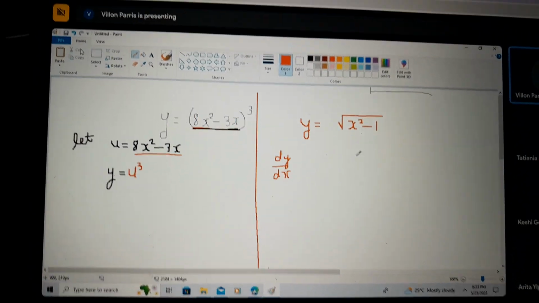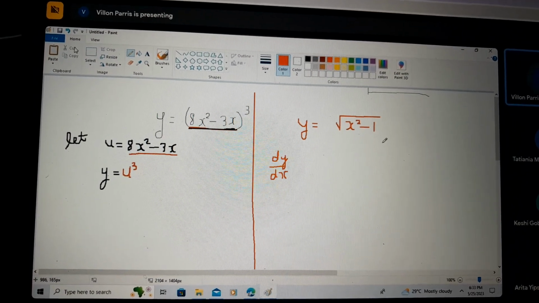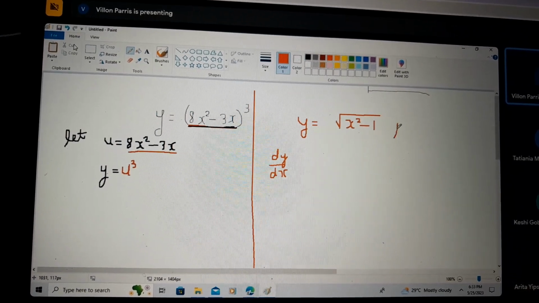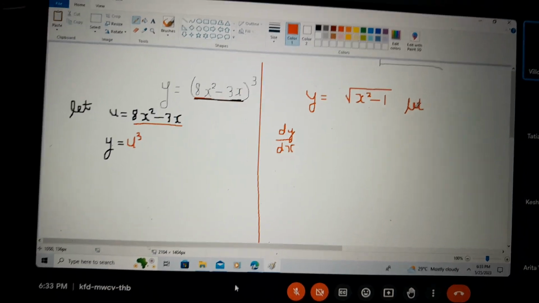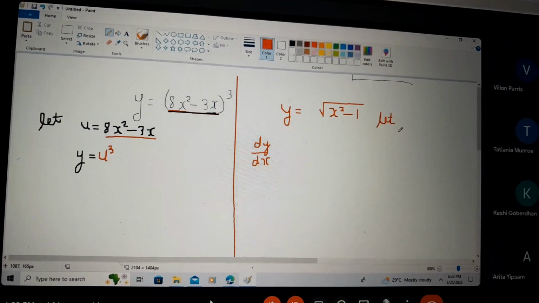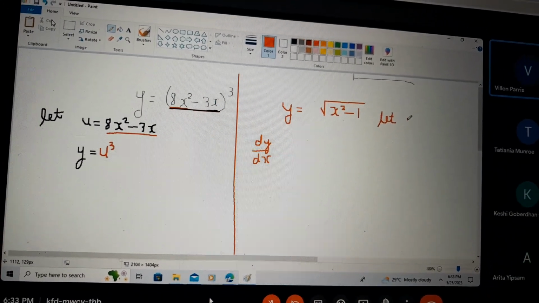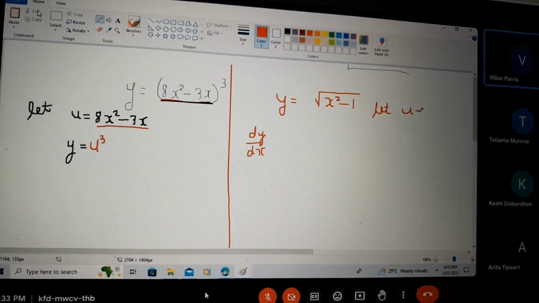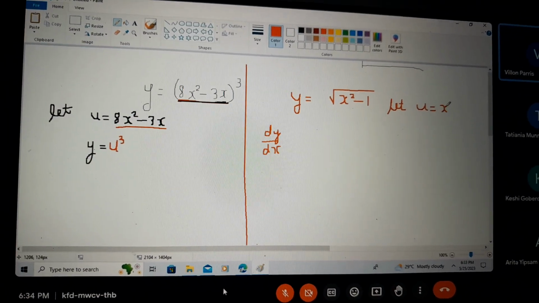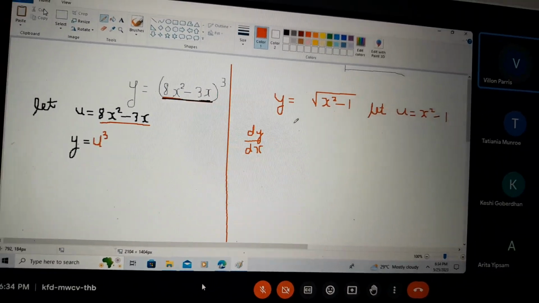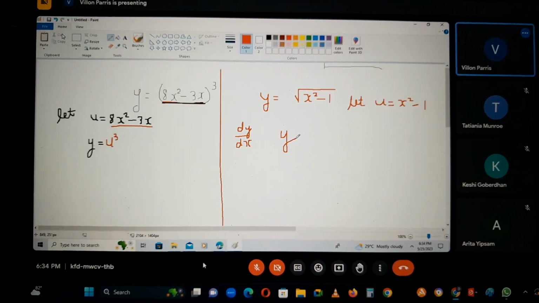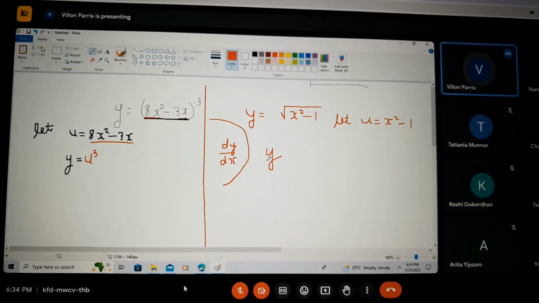What will be our u in this case? What will we let u equal to? x squared minus 1. Excellent. So we let u equal to x squared minus 1. So now I can rewrite y in terms of u as y is equal to what?